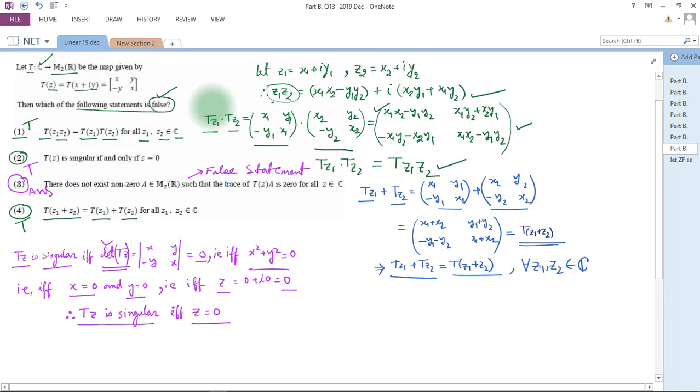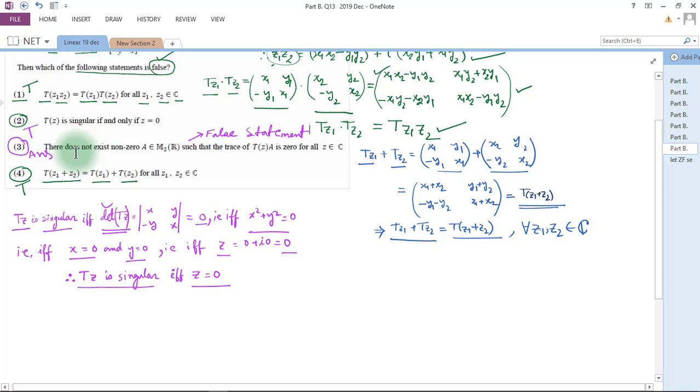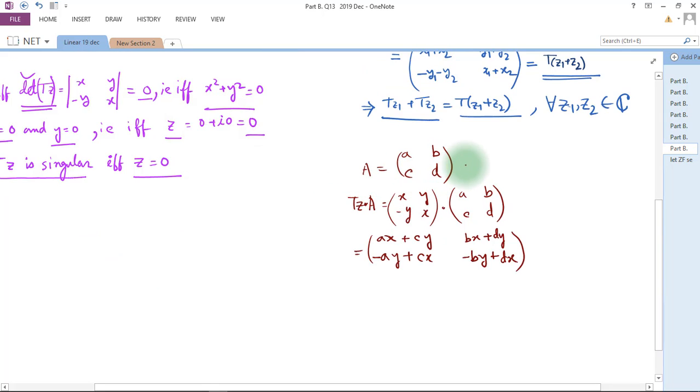We have our answer, but we need to verify how this statement is not true. In this option they have told us that we cannot find a matrix A for which the trace of the matrix multiplication of TZ and A will be 0 for every complex number Z in C. So let us take a general 2 cross 2 real matrix [a, b; c, d] and post multiply it with TZ.